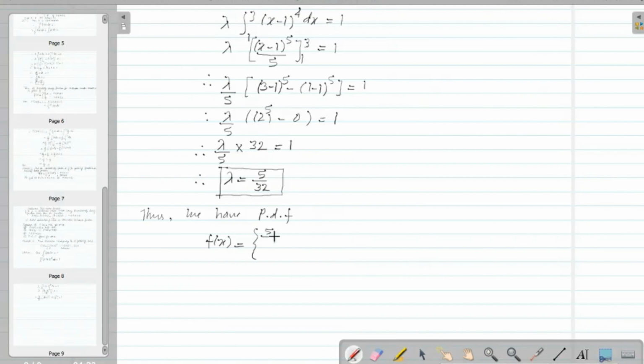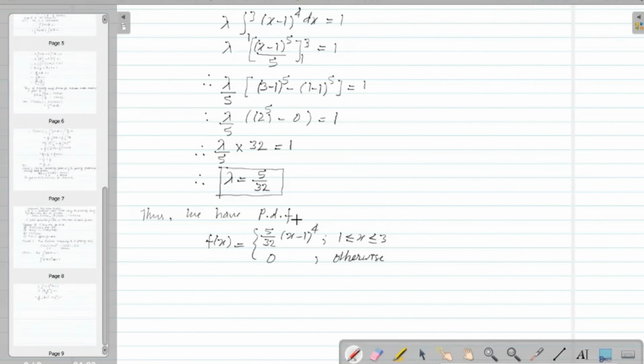So this is 5 by 32 times (x minus 1) to the power 4, with the condition 1 is less than or equal to x, which is less than or equal to 3. This is the limit given, and 0 otherwise. Meaning if this condition does not hold, then it will be 0 otherwise. Okay, so this is your probability density function.